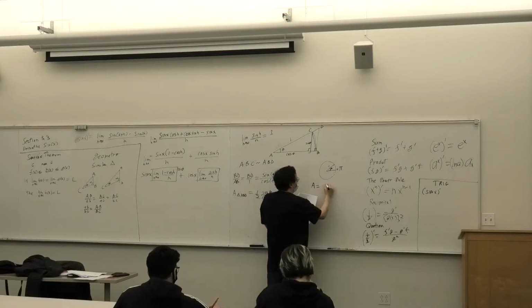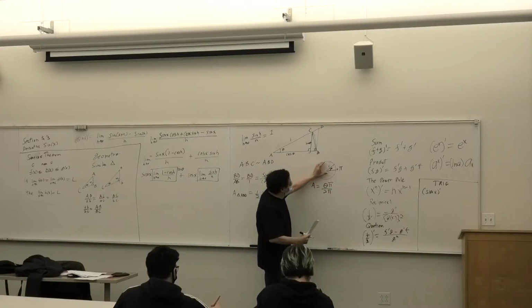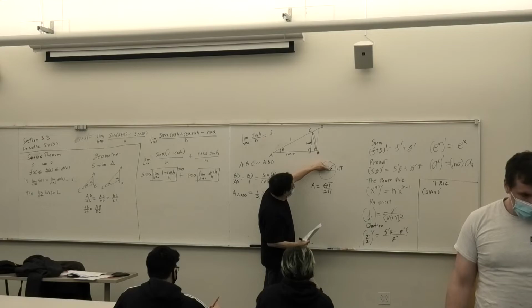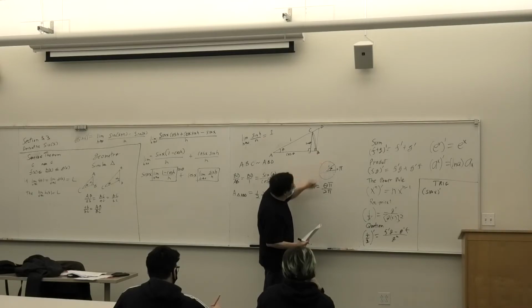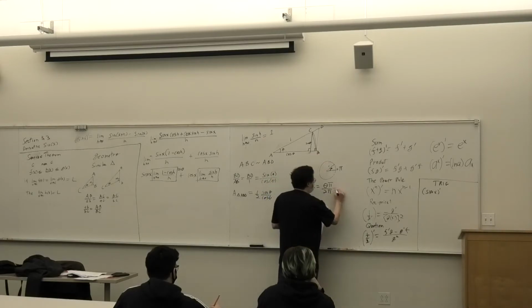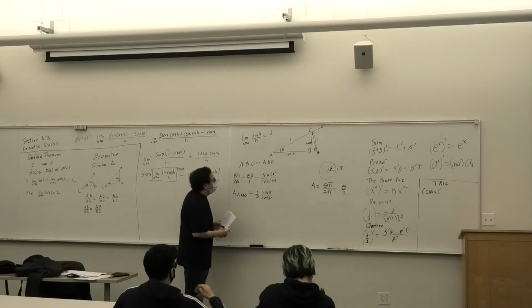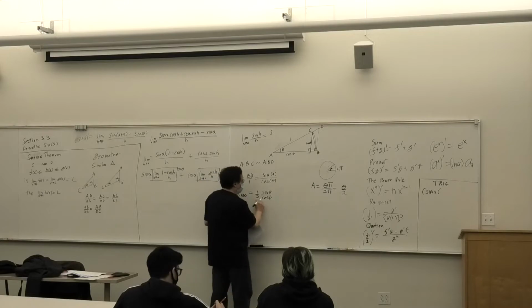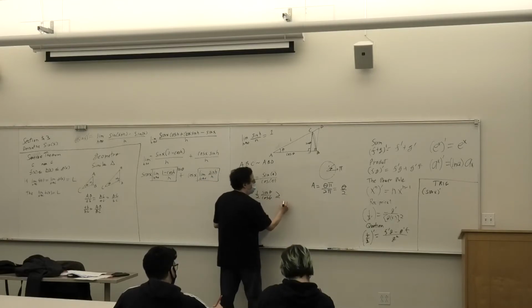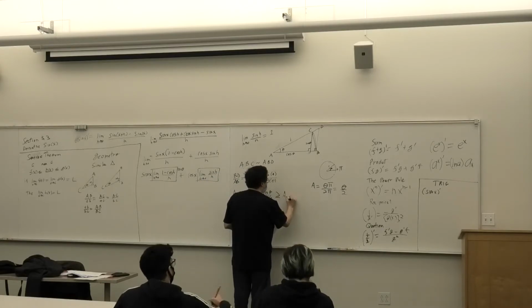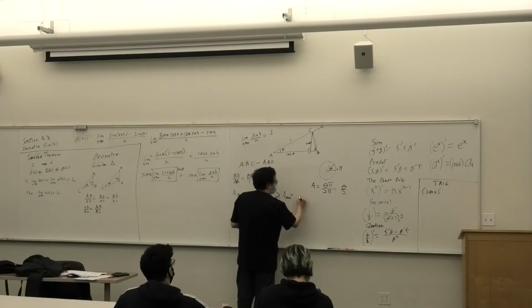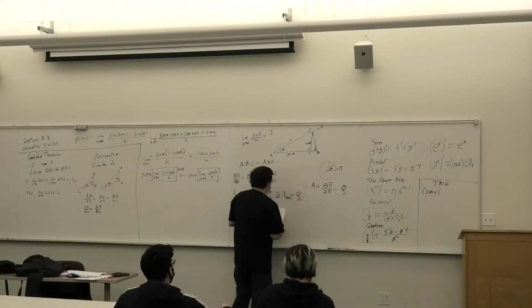It's going to be theta times pi over 2 pi. It's going to be the ratio of this angle theta to 2 pi. Well, that's just equal to theta over 2. So we have this area now is greater than the area of the sector, which is theta over 2.